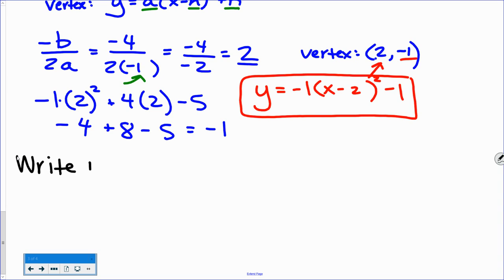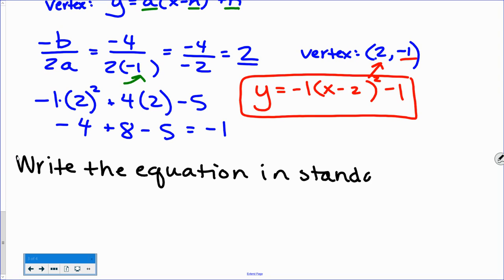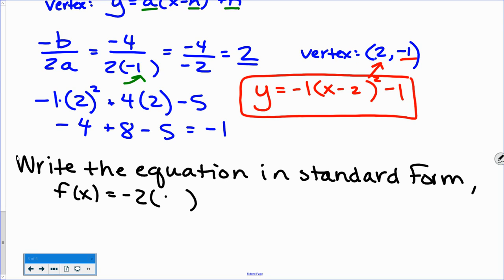So write the equation in standard form for f of x equals negative 2 times the quantity x minus 2 squared plus 5.